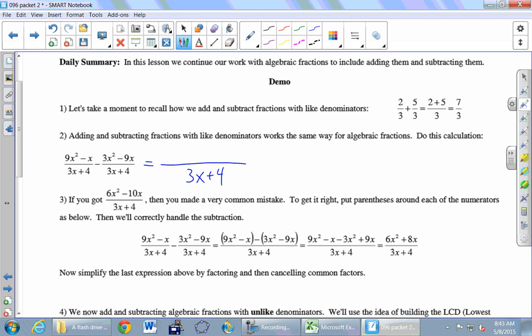And then I'm just going to copy upstairs in the same way that the 2 and the 5 got copied upstairs here. So what's the first thing we're copying? 9x squared minus x. And then minus 3x squared minus 9x. Everyone agree?